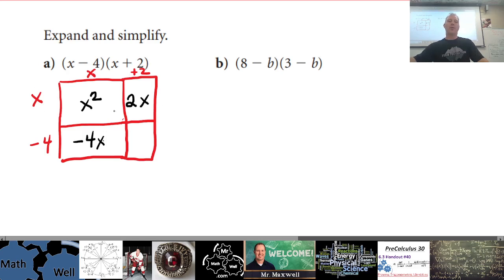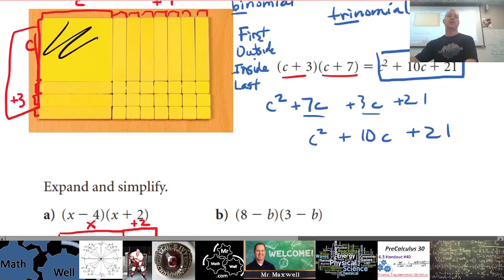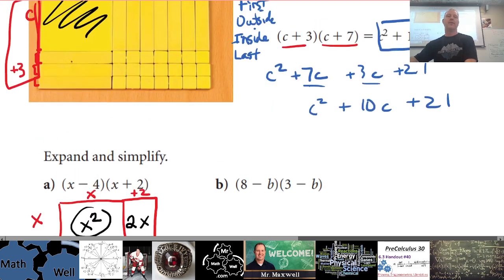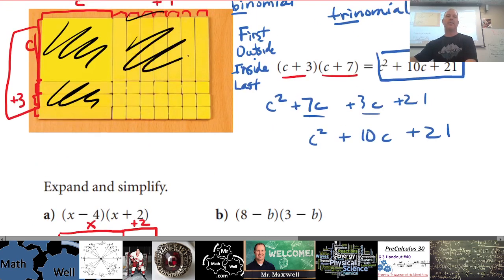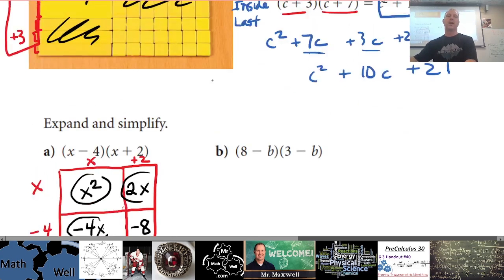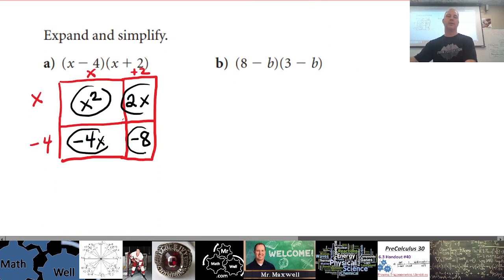And what is -4 times positive 2? -8. Okay. All right. Not -6, close. -8. All right. Now, notice how in our picture of the algebra tiles, this was the squared part. Look at that. Here's our squared part. These are x's down here and up here. Oh, these are x's here and x's here. And then these are just the ones, the constant part, and here's the constant part.